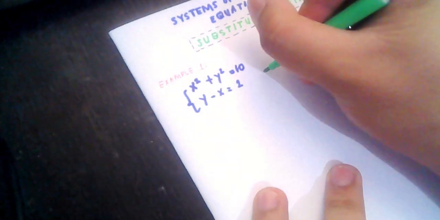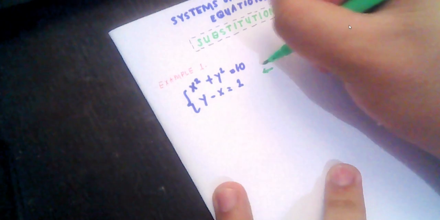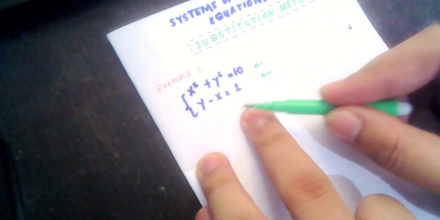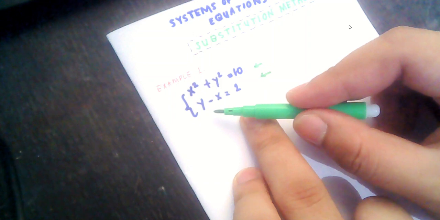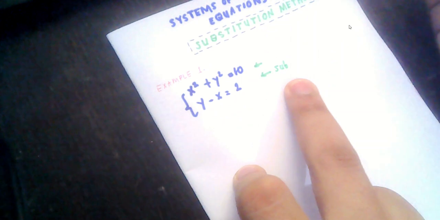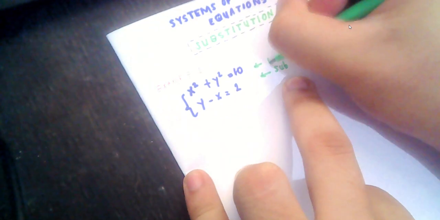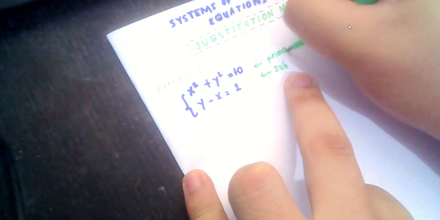First step is you're going to assign which of these is the substitute, the first one or the second one. So the technique is to just choose the shorter one, which is y minus x is equal to 2. This will be our sub, and the other one, we call this one the primary.